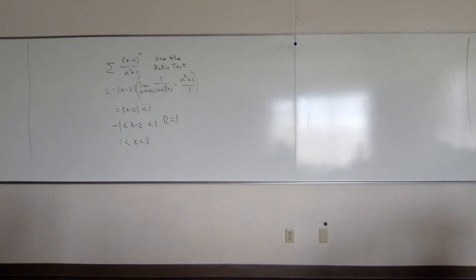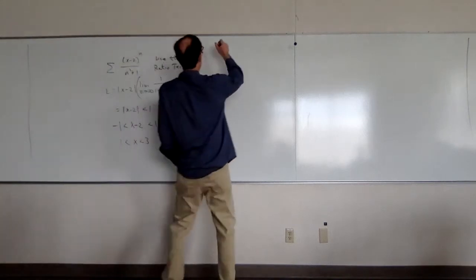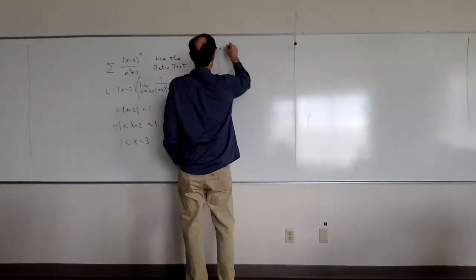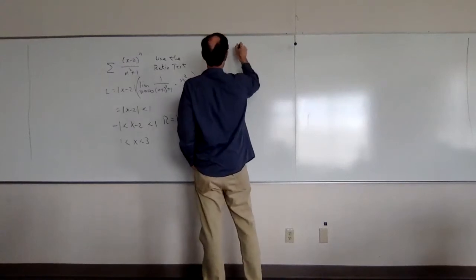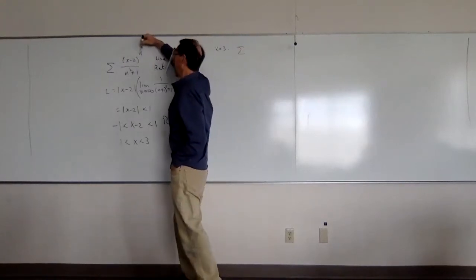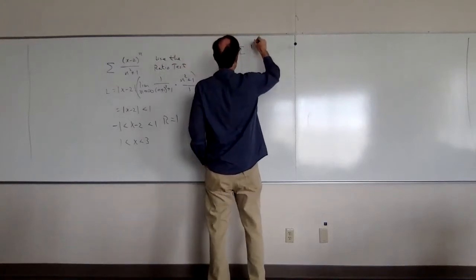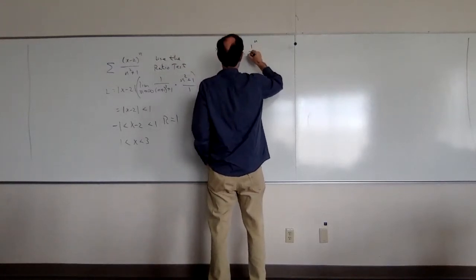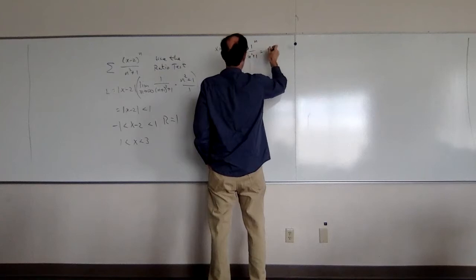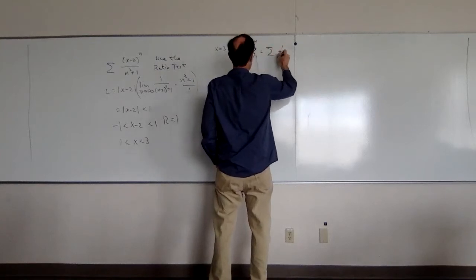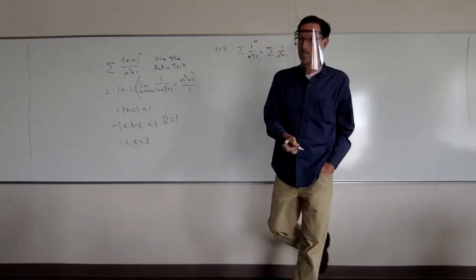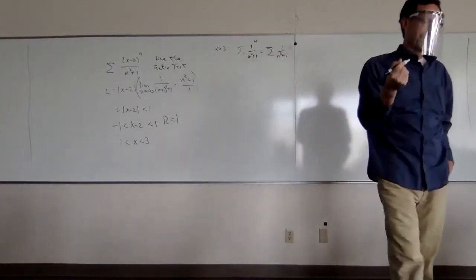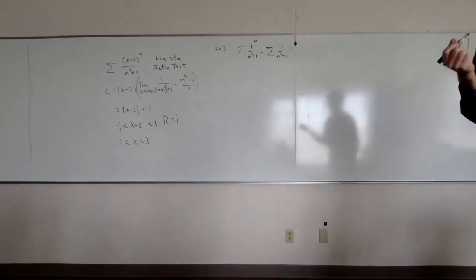Right? We could tack on the endpoints. So if x equals 3, I get the summation. 3 minus 2 is 1. The power n over n squared plus 1. This is like 1 over n squared. Does that converge or diverge? It converges because it behaves like the P series where we have the sum of the reciprocals of squares.